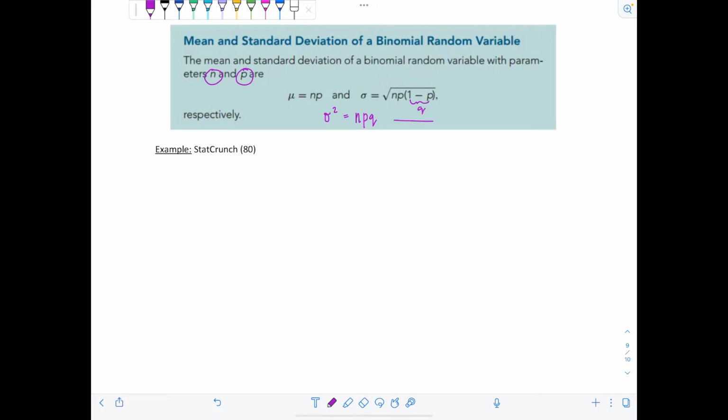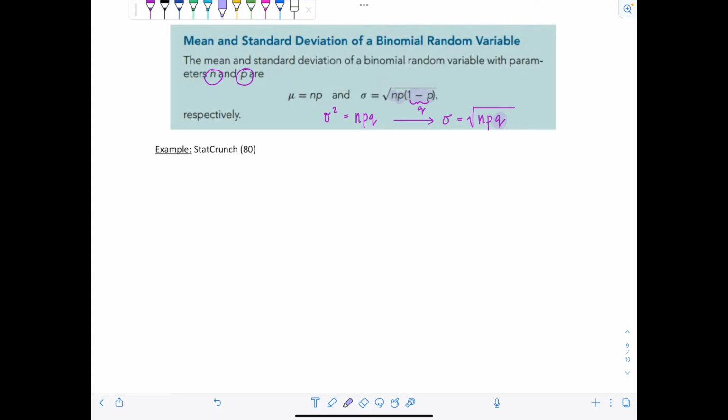So then if you need the standard deviation, sigma, you just take the square root of that, so it would be the square root of npq. And you can see that's actually exactly what we have here. Square root of n, p, there's q. I just think it's easier to remember it that way, but you do you, whatever you like, okay?